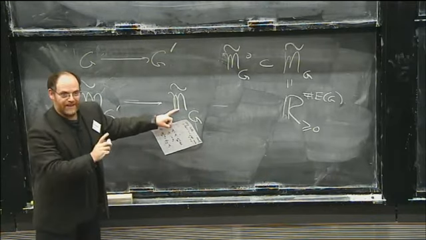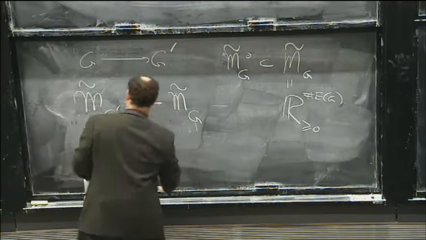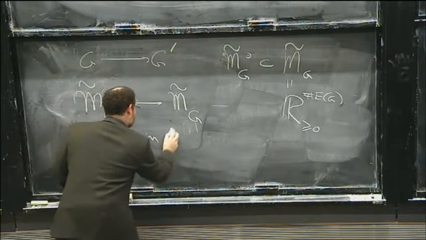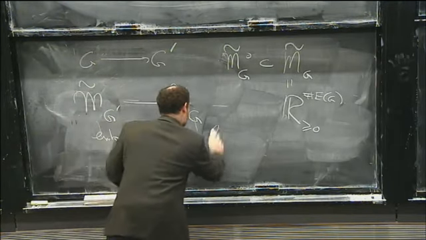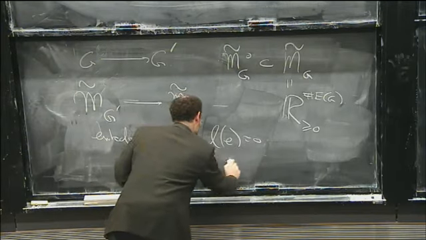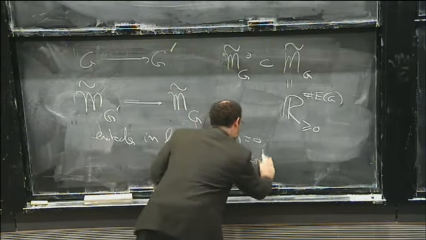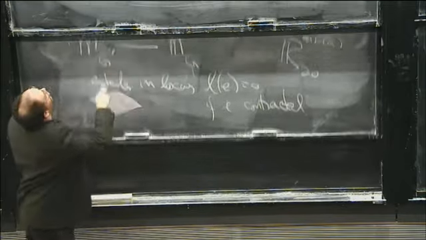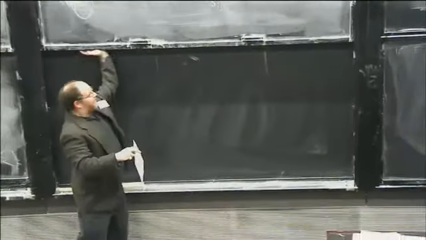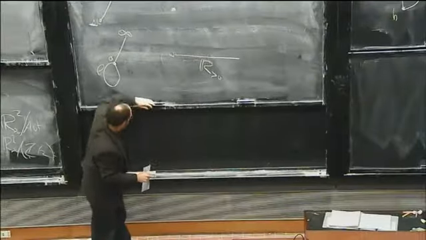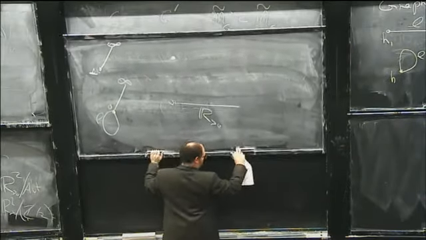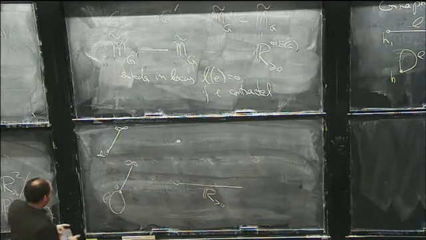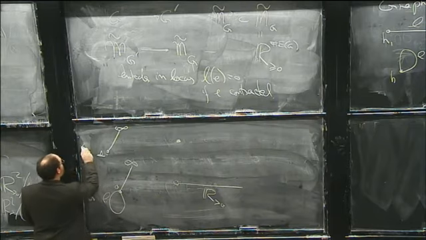Okay, so let's do it in an example, and then it will be absolutely clear. So this embeds in the locus where L of E equals 0 if E is contracted. Let's look at what happens here. Here there's no issue of automorphisms. So this is G and this is G prime.